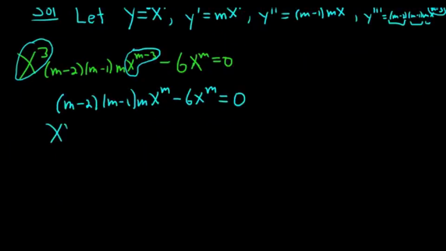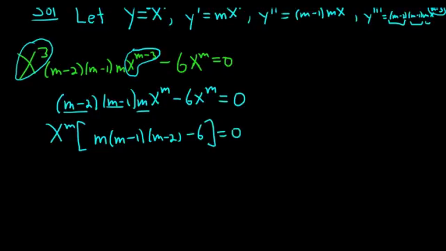So we get x to the m. Then here we get, looks like, I'm going to write it like this, m minus 1, m minus 2. Just arranging the order, m minus 1, m minus 2. Minus 6, bracket equals 0. We can divide by x to the m. That goes away.